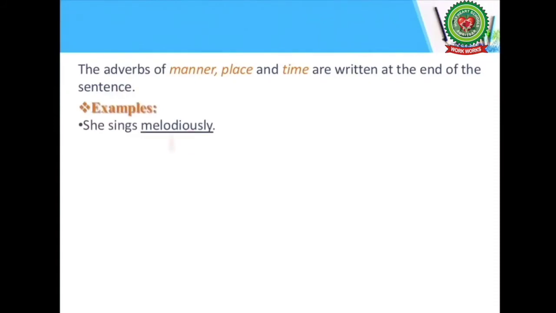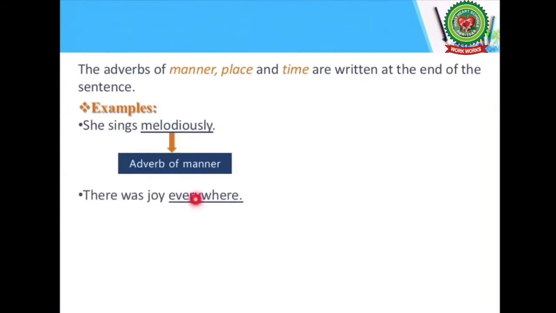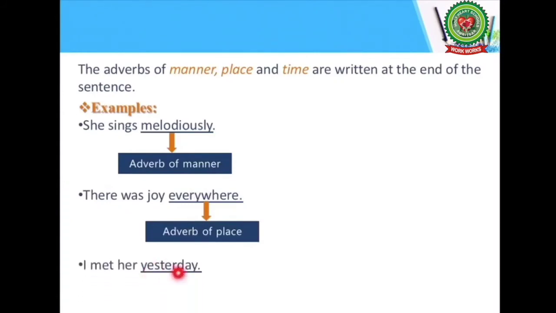Melodiously here is an adverb of manner. There was joy everywhere. Everywhere is an adverb of place. I met her yesterday. Yesterday here is an adverb of time. So you all can see the adverbs of manner, place and time are placed at the end of the sentence.